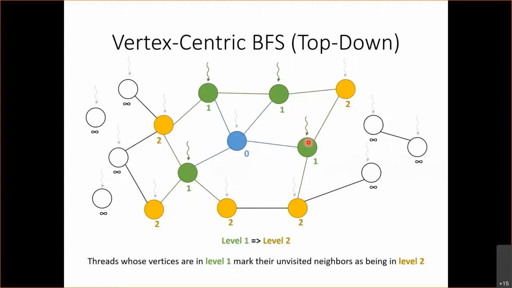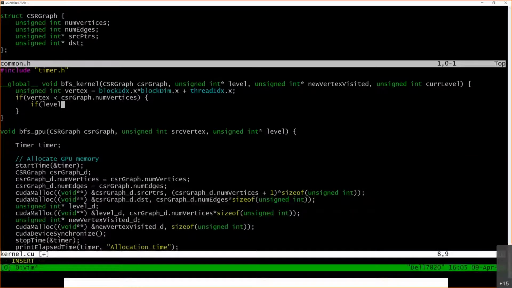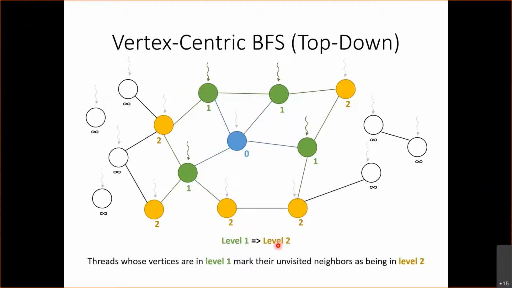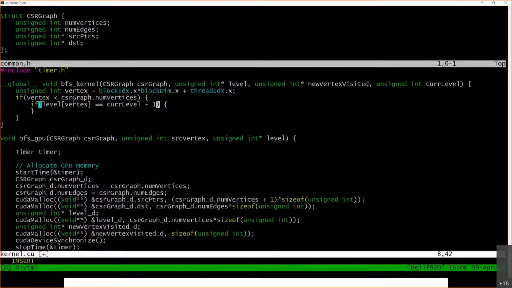So I need to check the level of my vertex. Here the current level is level 2, so I want the threads assigned to the vertices in the previous level. Any thread whose vertex is in level 1 is in the previous level, and I'm going to add its neighbors to the current level. So here I'm going to check if level of vertex is current level minus 1.